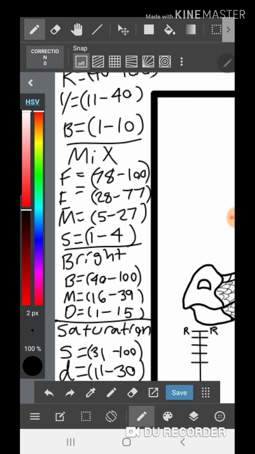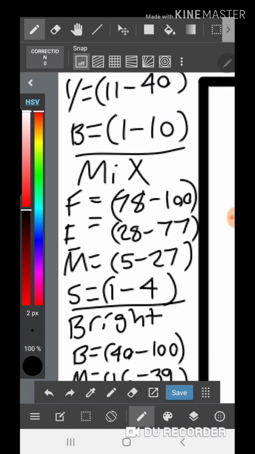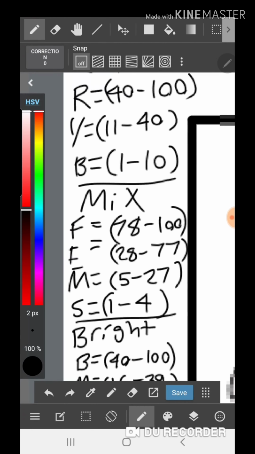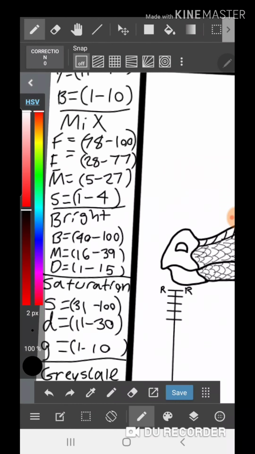So while they won't be expressed, we're still going to calculate the mix because that will be passed on to her offspring. And so what we are going to do is just look at the numbers here and write that in her genome. Now, if she had competing colors and we don't know what her parents were, I would just do the calculation again.